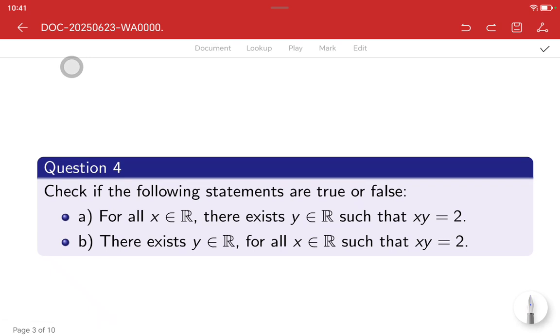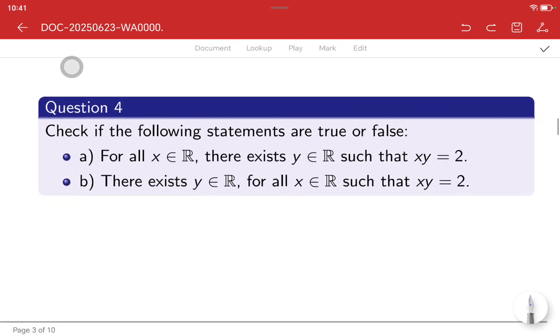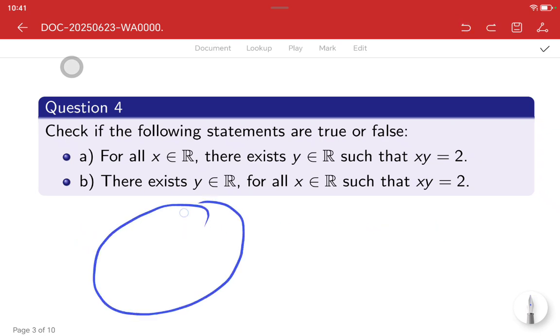With question 4 here, they say for all x element of R, let's say we take all x. Let me draw a circle. We come in a pool of real numbers.